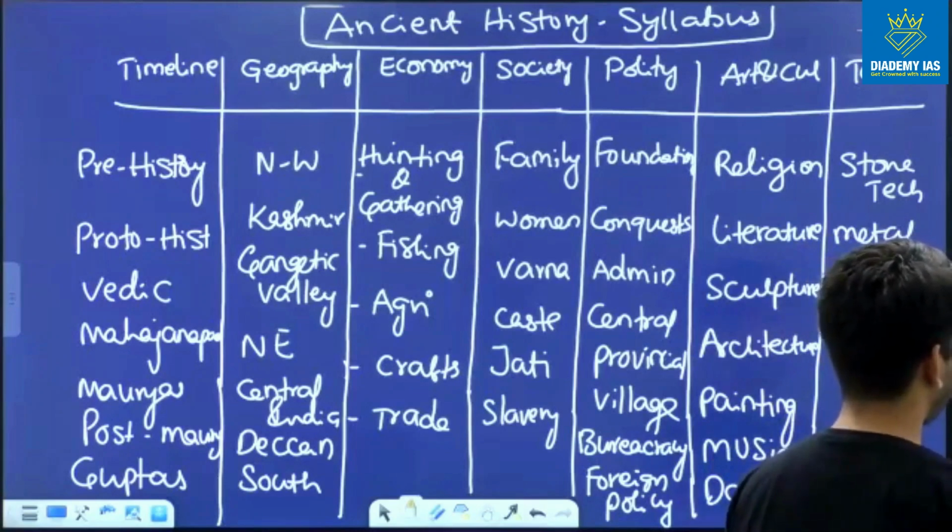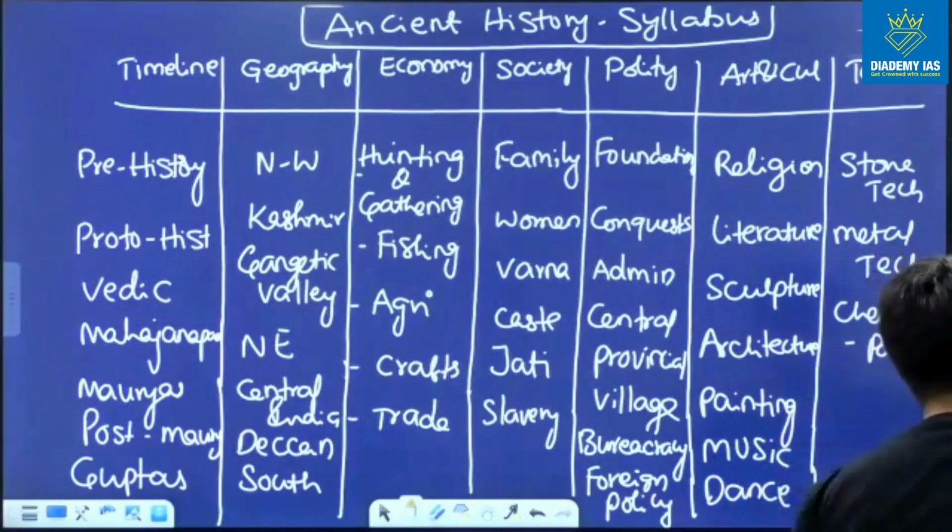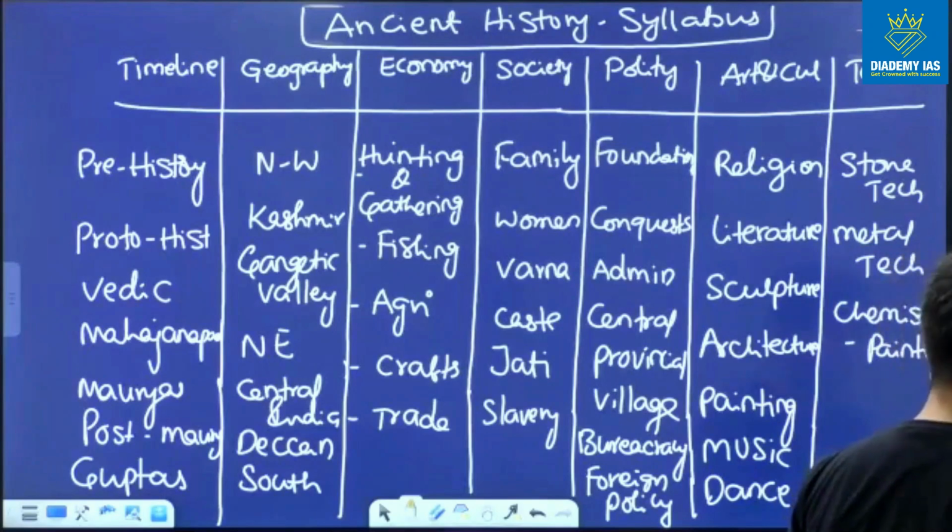The culture part is also still very much relevant. Religion. So now I am seeing this, but the amount of space you give to each dimension also matters. Some dimensions have occupied more space, some very little space.